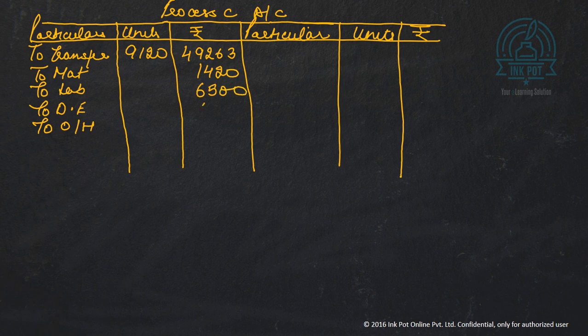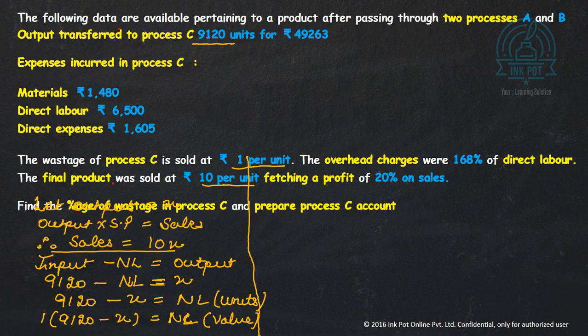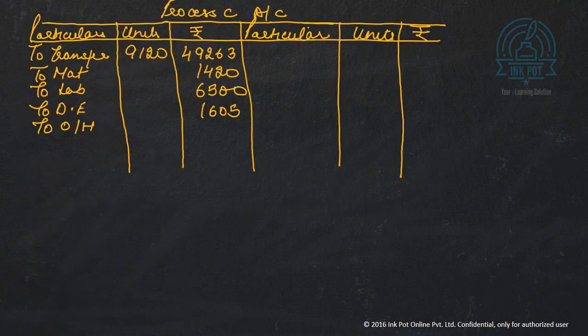Direct expenses are 1605. And the overheads are 168% of direct labor. When you calculate the value of overheads, you get 168% into 6500, so you'll get the value as 10920. That is the value of overheads.